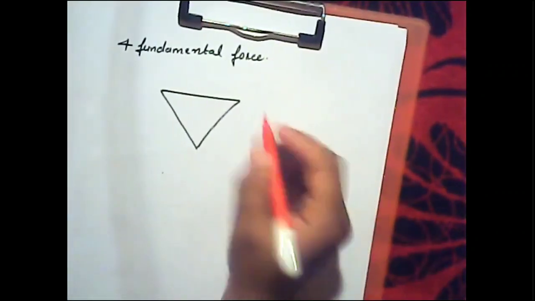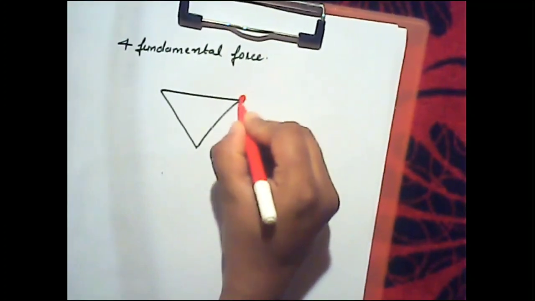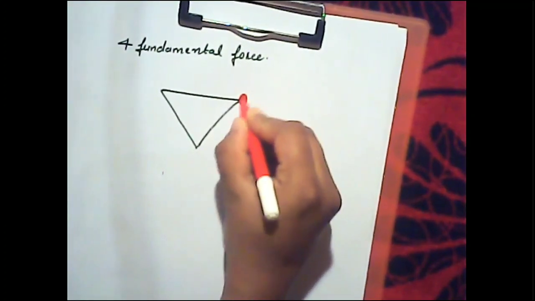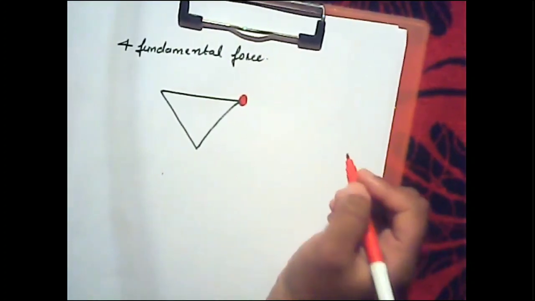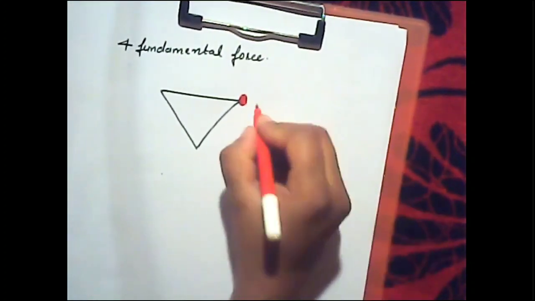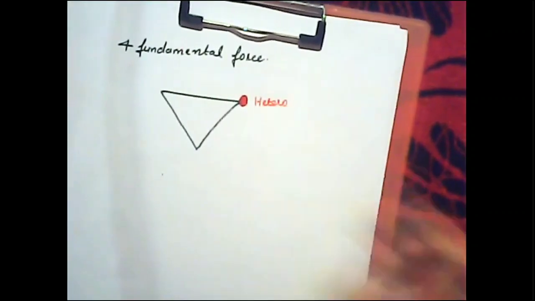In the case of hetero, we have red color. This color has no change in Triorigin. Never will it change. So hetero has red color.